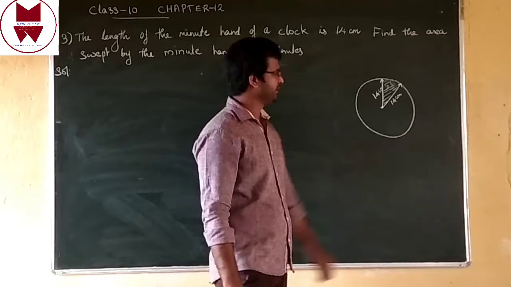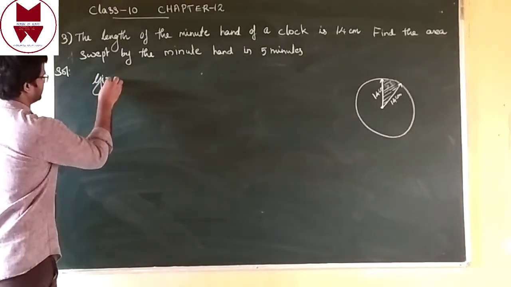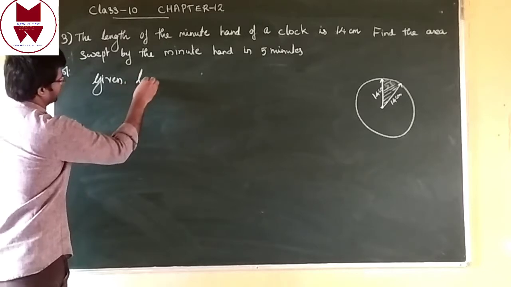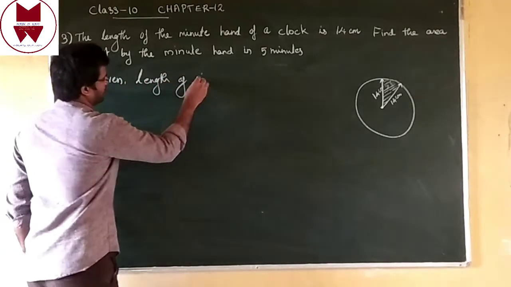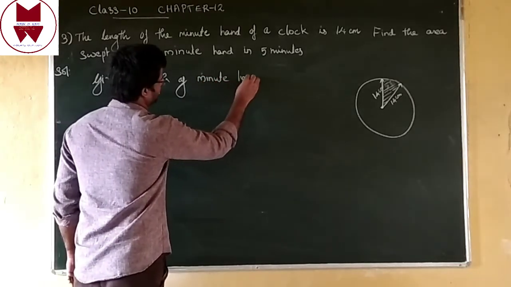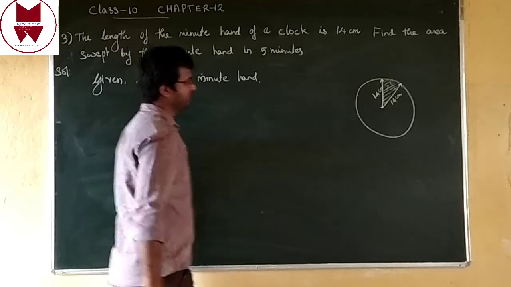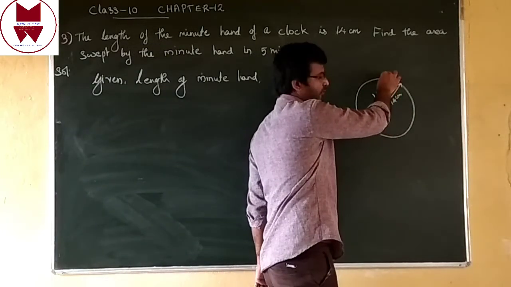Sector only, isn't it? Then we can write given the length of the minute hand. What is this? If you consider this circle, this is the length of the minute hand. That is radius only, isn't it?